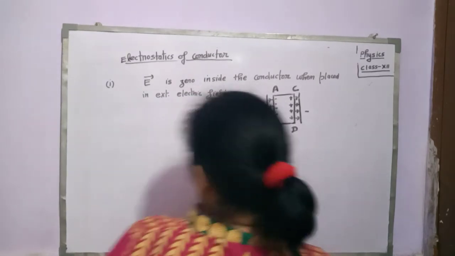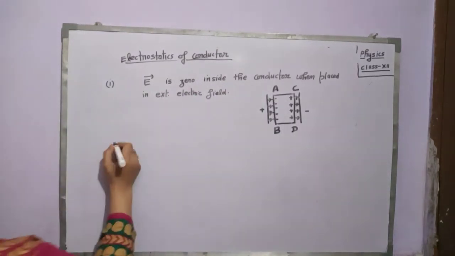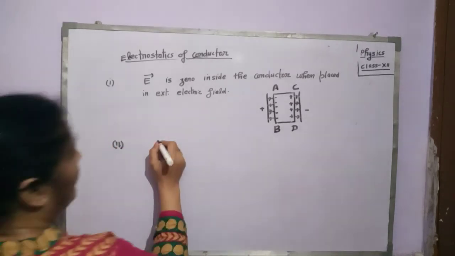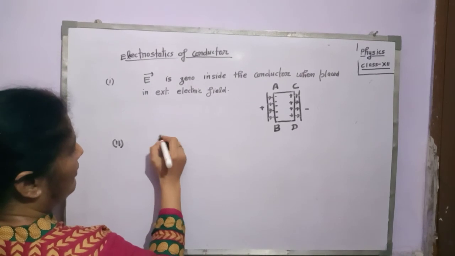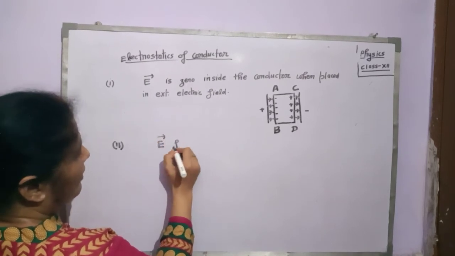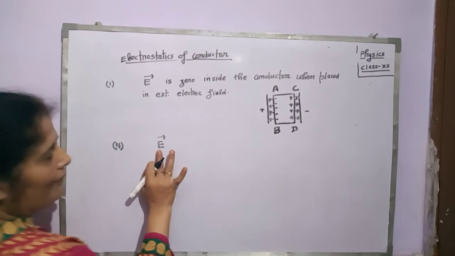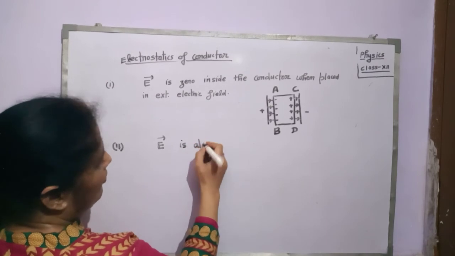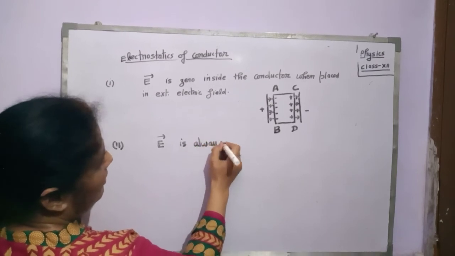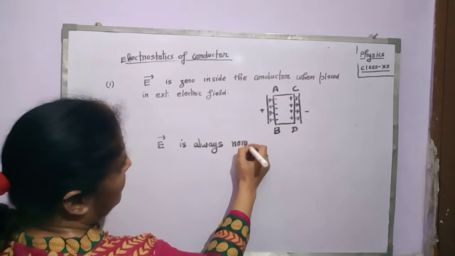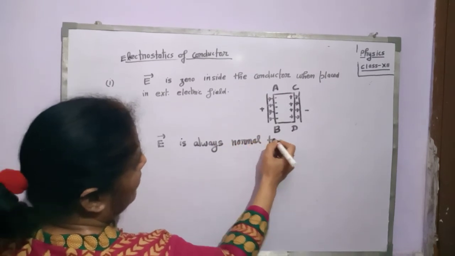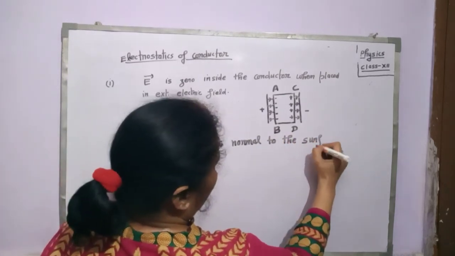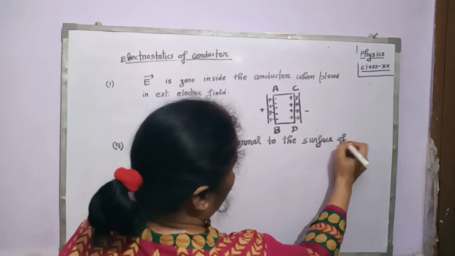Now the second property: the electric field, E, is always normal to the surface of the conductor.